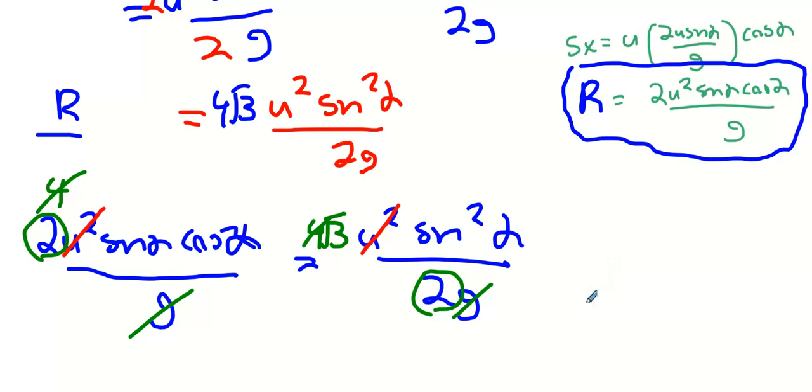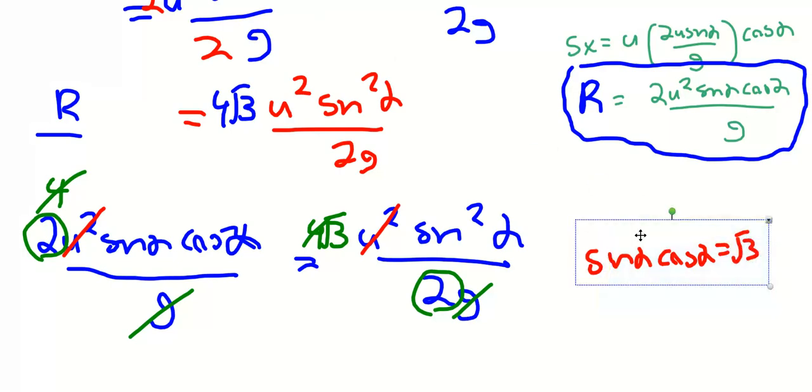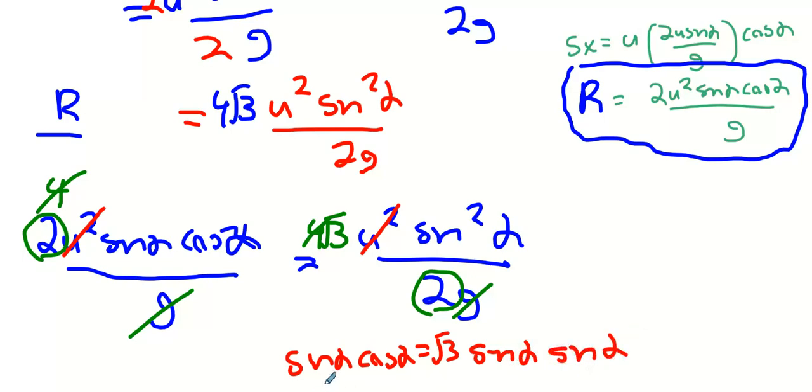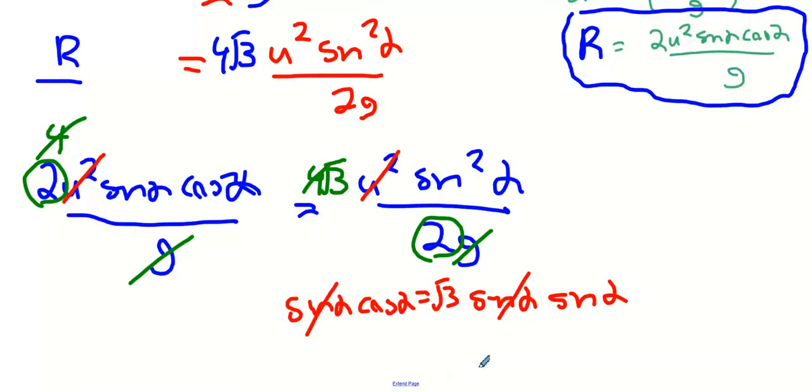And what am I left with now? Sine alpha cos alpha equals root 3 what? So what do you tell me to do? Cancel one of the sines, you mean? Because sine squared alpha is sine alpha twice, right? Gone. But what's next then? Bring the cos alpha underneath there.